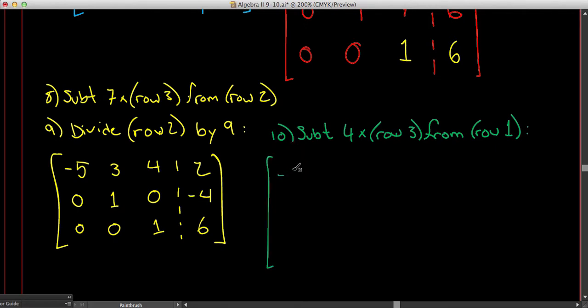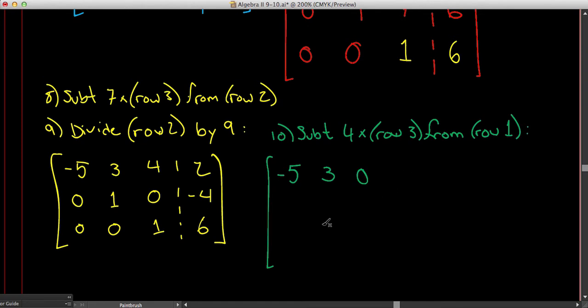Well, we're just going to be left with -5 again. And then 0 again. So we'll be left with 3 here. And then 4 times row 3 from row 1 is going to eliminate that and give us a 0.